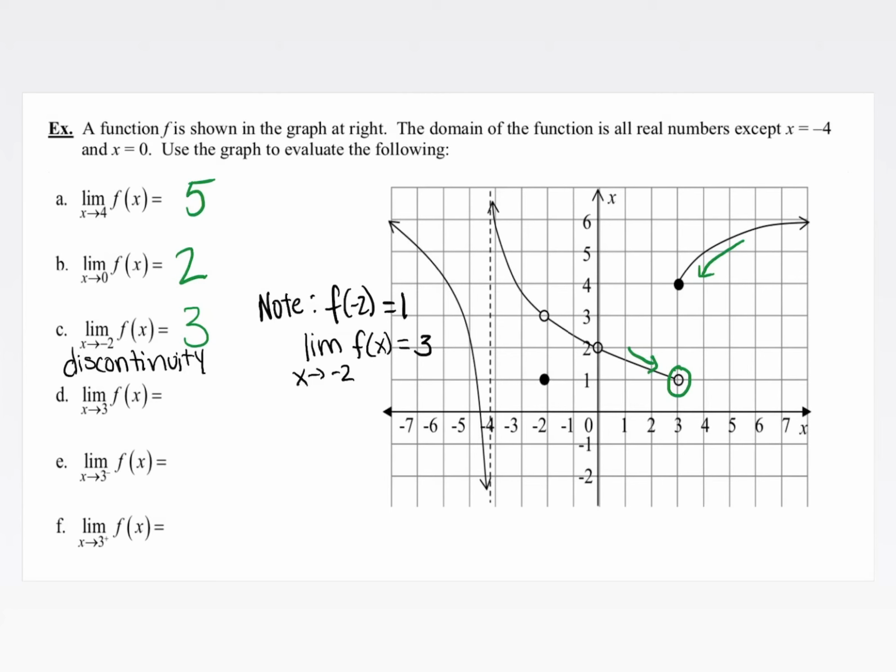Here we also have a discontinuity, and there's a jump right here. So this limit does not exist, because if we look from the left-hand side, it's one value, but from the right-hand side, it's another. So since they don't match, we have that gap literally in between, and the limit does not exist. Now the limit as x approaches 3 from the negative side, as we just did, gives us positive 1. And from the positive side, gives us 4.